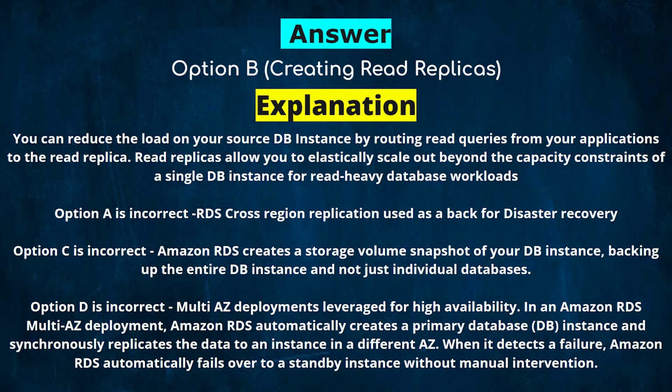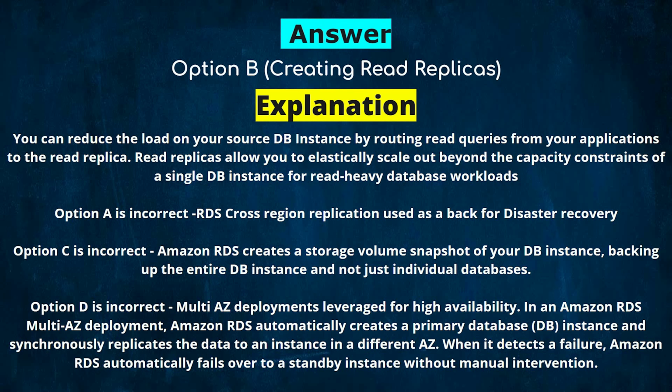Read replicas allow you to elastically scale out beyond the capacity constraints of a single DB instance for read-heavy database workloads. Option A is incorrect. RDS cross-region replication is used as a backup for disaster recovery. Option C is incorrect. Amazon RDS creates a storage volume snapshot of your DB instance, backing up the entire DB instance and not just individual databases.